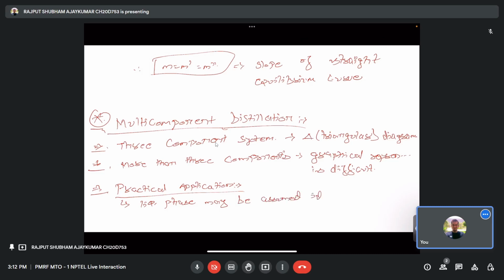Raoult's law is applicable for this, and equilibrium data can be obtained from the pure component.